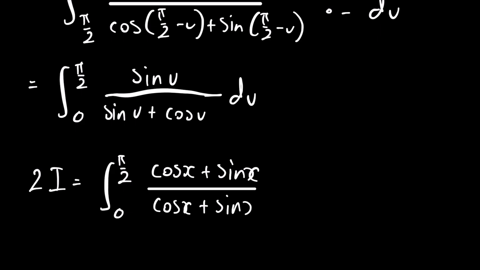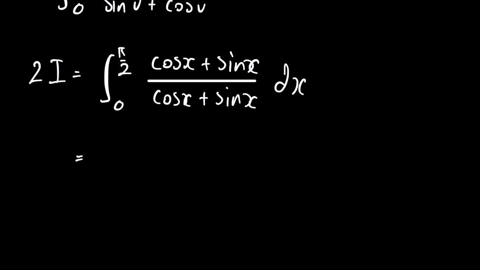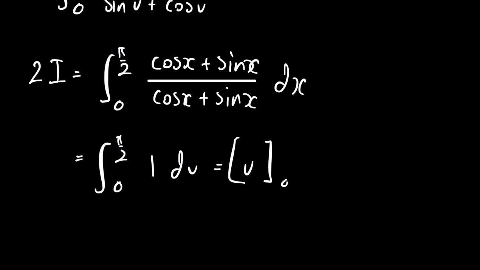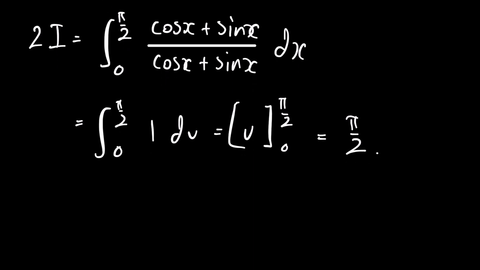Variables don't matter, because fundamentally these are the same integrals. You can put whatever variable you want, they'll still be equal. And this is the integral of 1 from 0 to pi over 2, which is u from 0 to pi over 2, which is pi over 2. Now, 2I is equal to pi over 2, and so our final answer is I equals pi over 4.